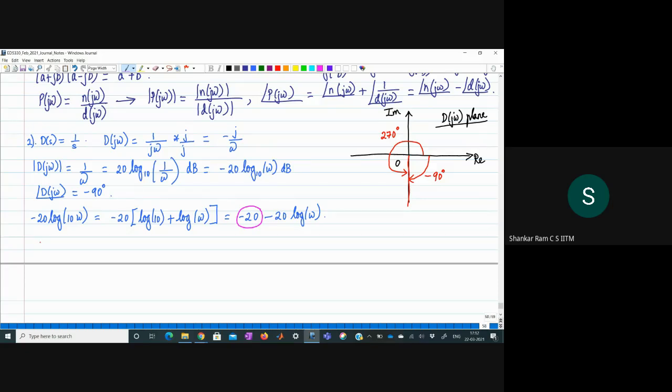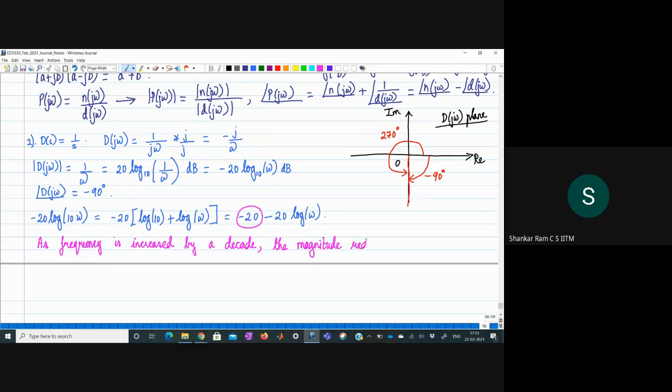So we can essentially say that as frequency is increased by a decade, what do we mean by a decade? That is going from omega to 10 omega, right? The magnitude reduces by 20 decibels. Right?